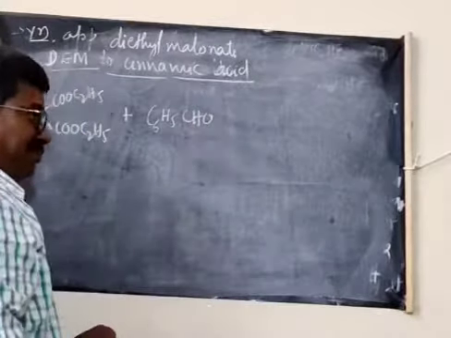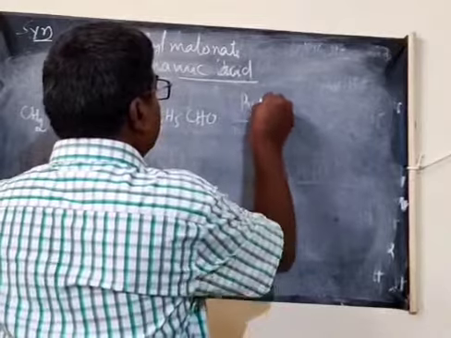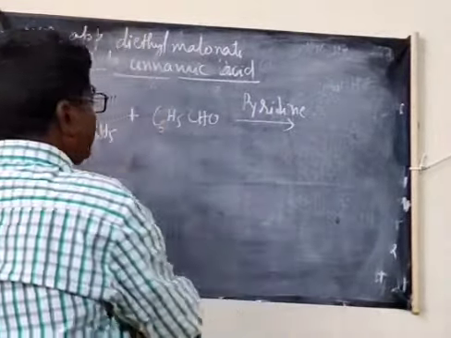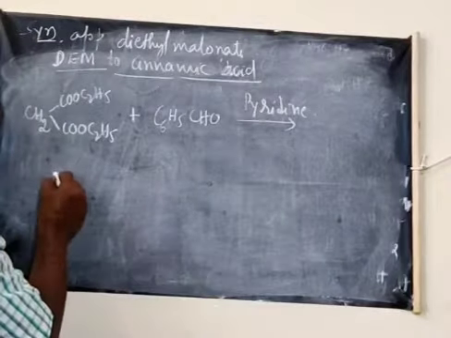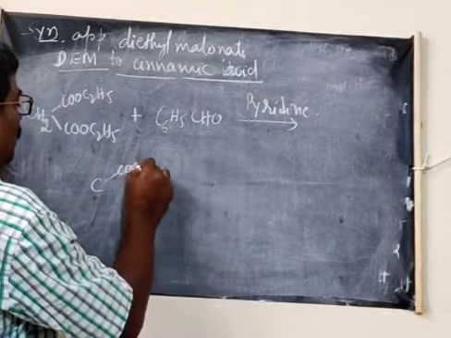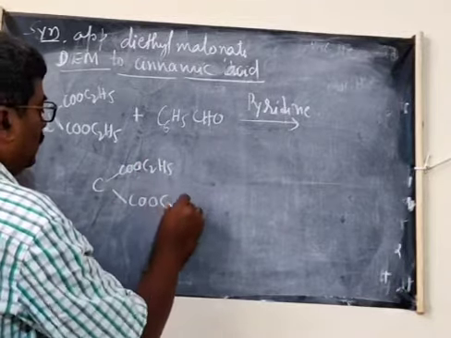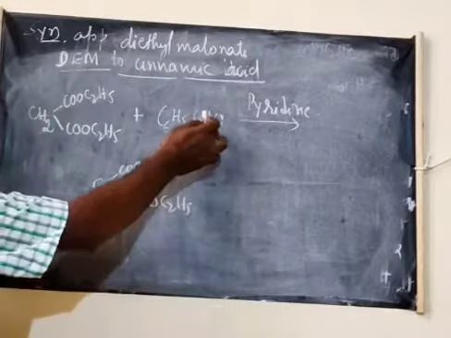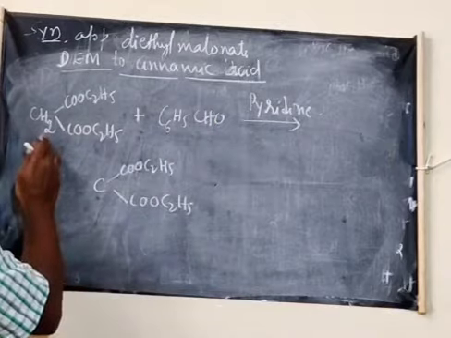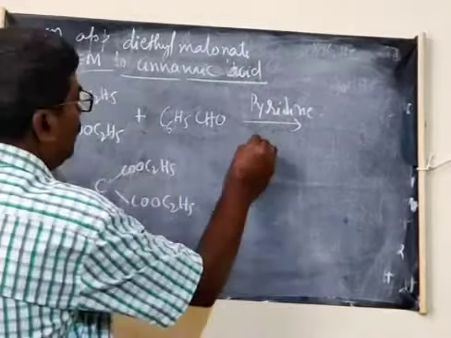C6H5CHO in presence of a base, pyridine, forms this intermediate, CH2(COOC2H5)2. The oxygen atom of the aldehyde and hydrogen atom of this CH2 group are eliminated as water.